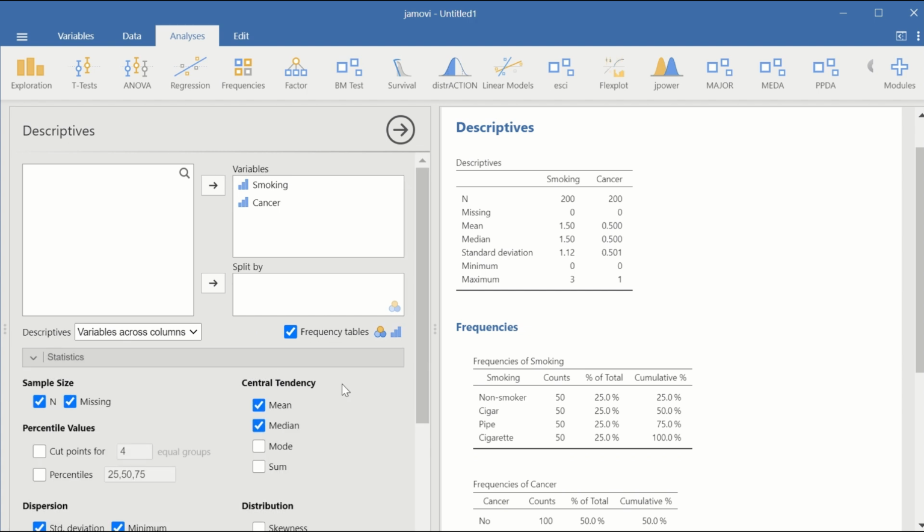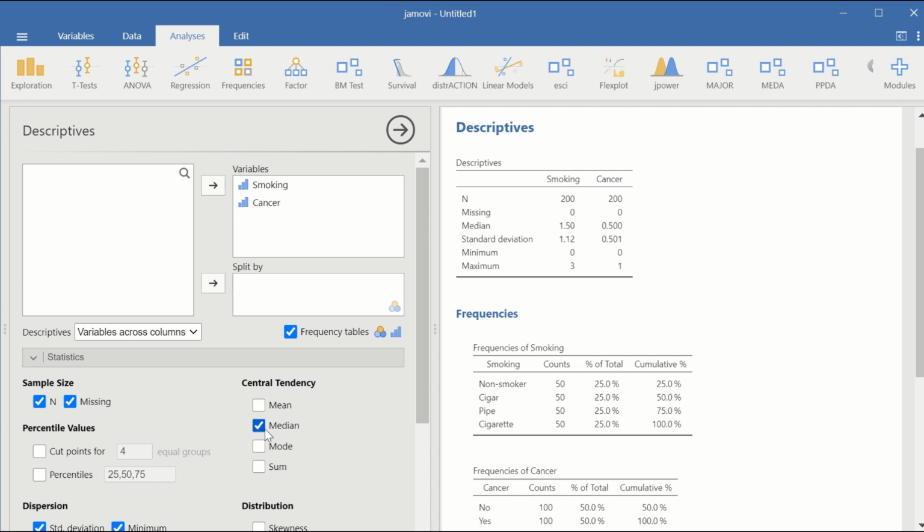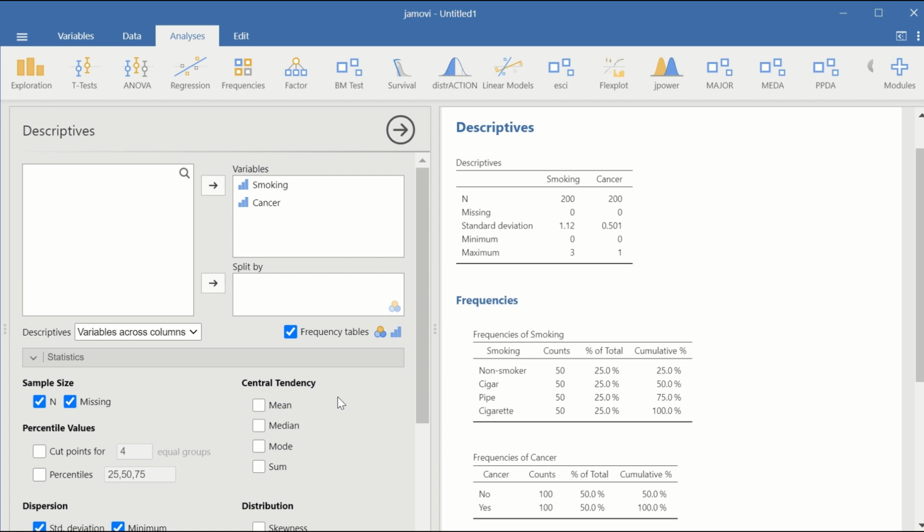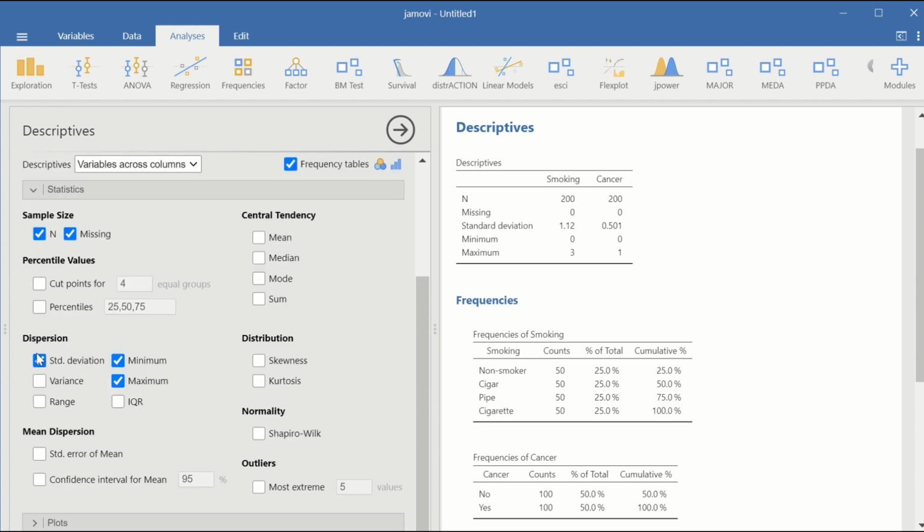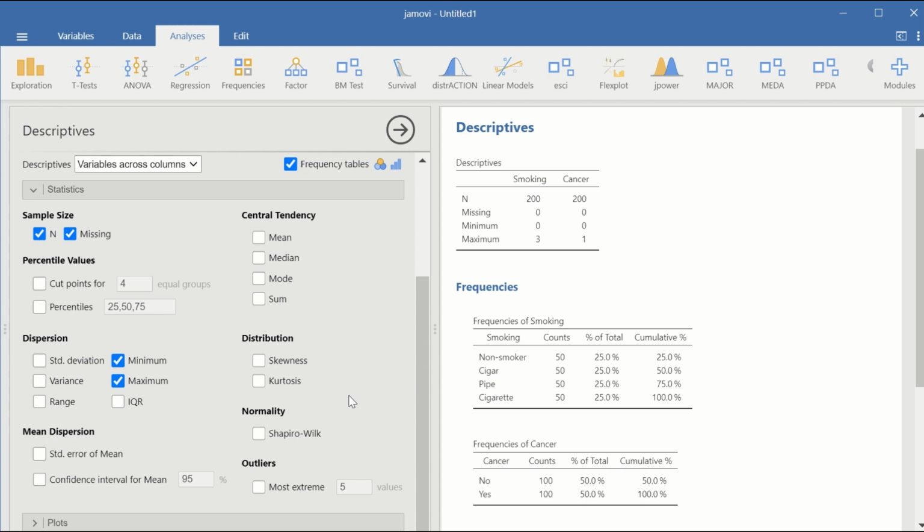For statistics, since both variables consist of categories, we don't need the median, we don't need the mean. For the dispersion, we don't need the standard deviation, and we'll keep the rest.